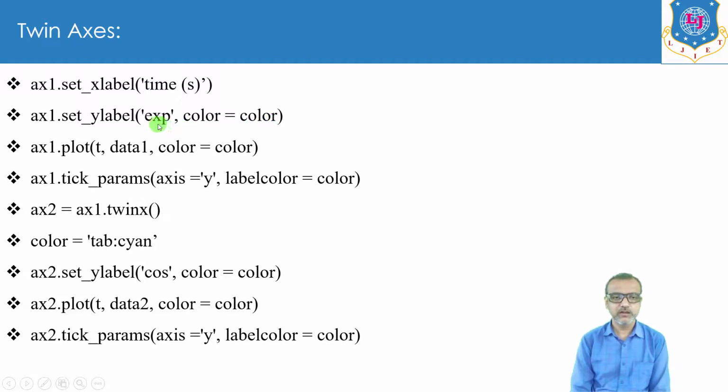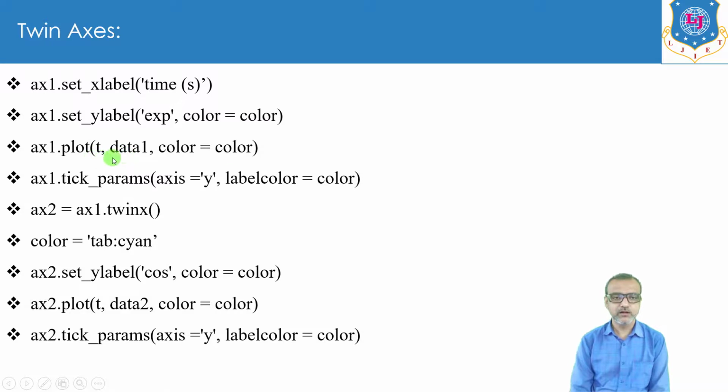So the color of the y label is orange. Now with the help of this statement we can plot the graph of the exponential function, taking time t on the x-axis and data1, that is e raised to t, on the y-axis, and its color is already defined, which is orange.